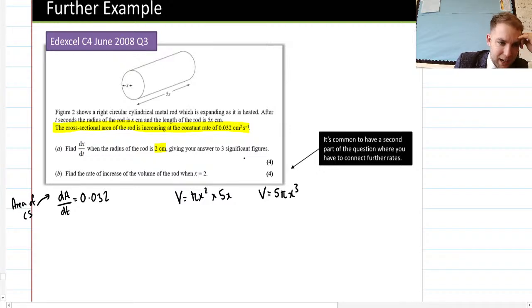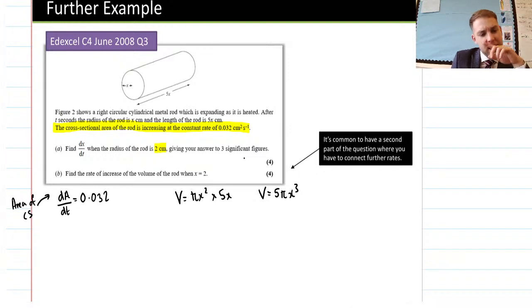Find dx by dt. 4 marks. So I'm just taking a little second to take in what I'm trying to find.